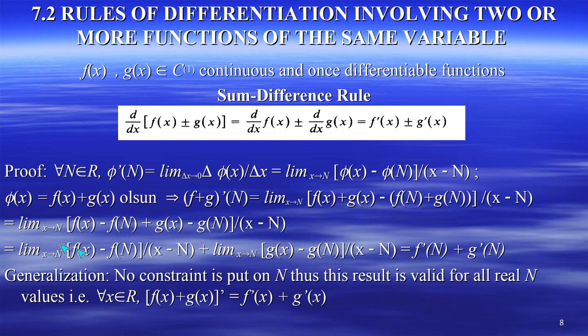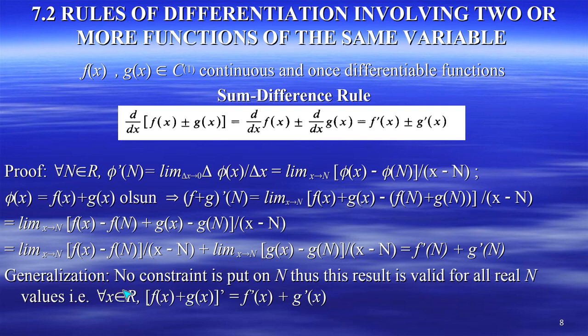But what is the first part? It is the derivative of f at the point n, and the second part is the derivative of g at this point n. So f prime of n plus g prime of n. So we have proven it for a particular point n, but we generalize it since no constraint is put on this particular value of n. Thus the result is valid for all real n values.